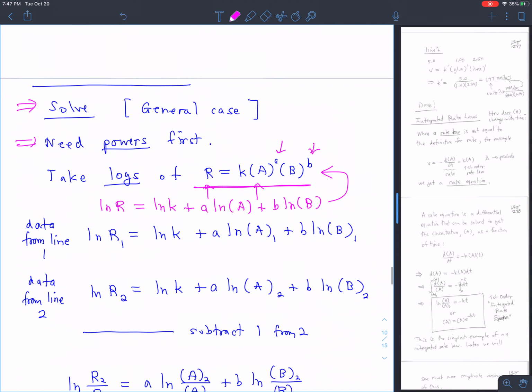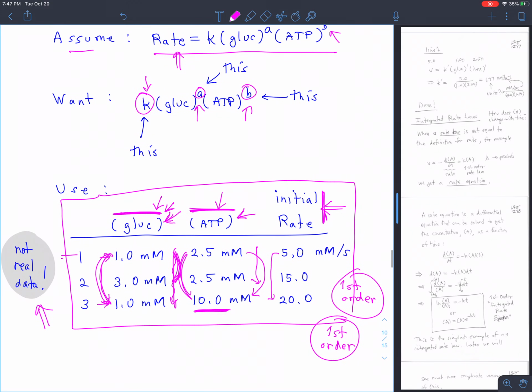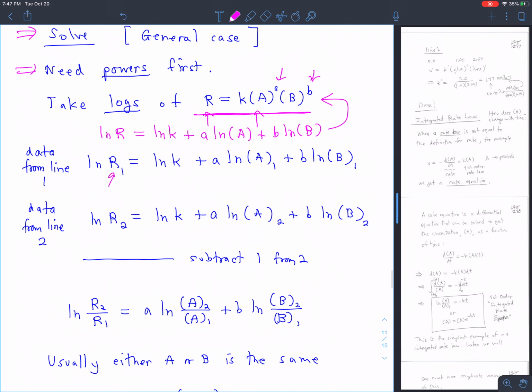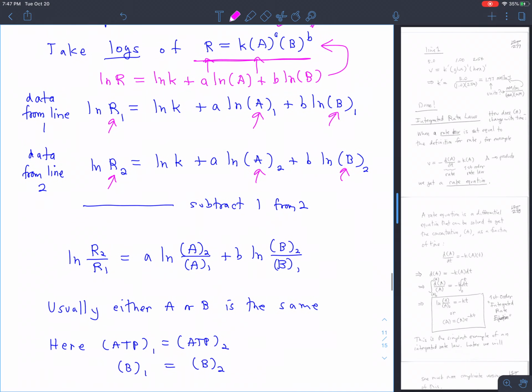And now that has to apply no matter which row of data, which experiment, we're thinking of. So it has to apply when the rate is the rate from row 1 and the concentrations are also the A and B concentrations from row 1. It also has to apply when it's from row 2 or from row 3, but row 1 and row 2 are enough for us to get there for now. So we've got these two relationships.